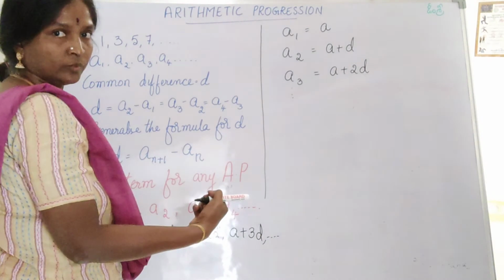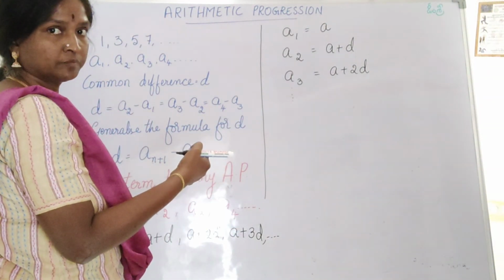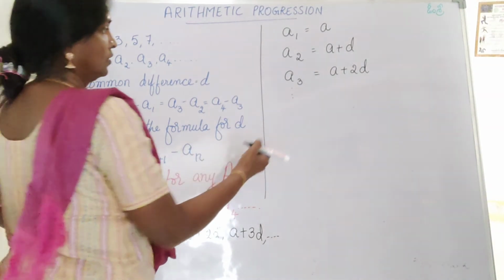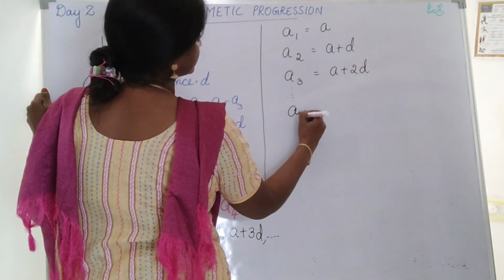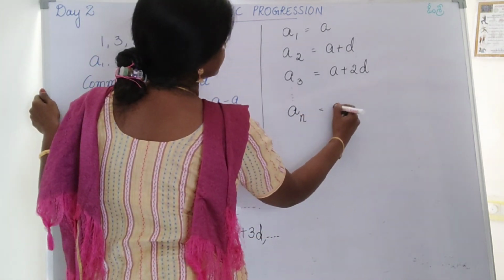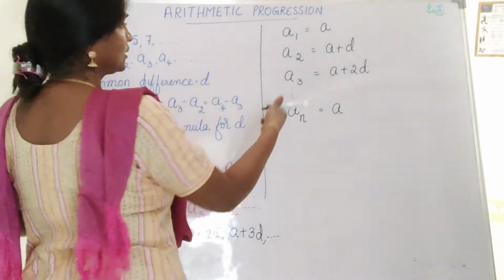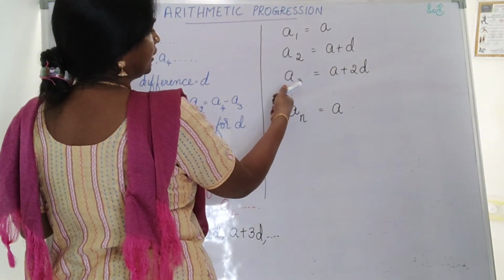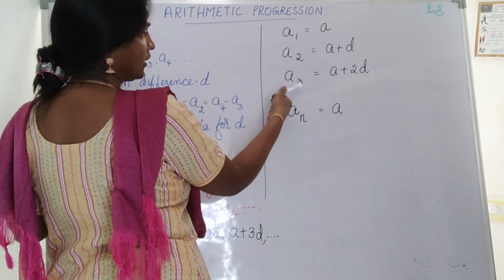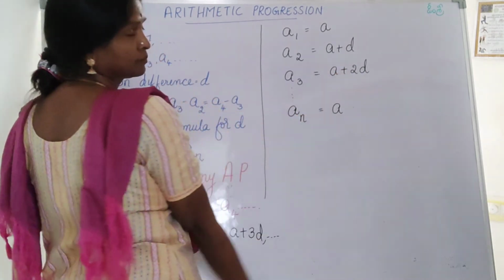When you continue in this way and when we need the general term, we substitute n in the place of the subscript. That is a n is equal to. Now here students, remember to follow the sequence. So here 3 is the subscript of a, which is 1 more than the coefficient of d.